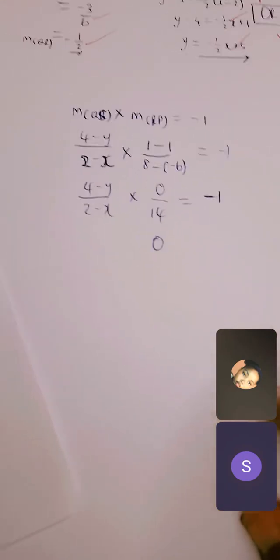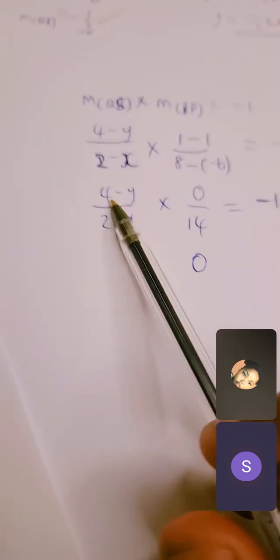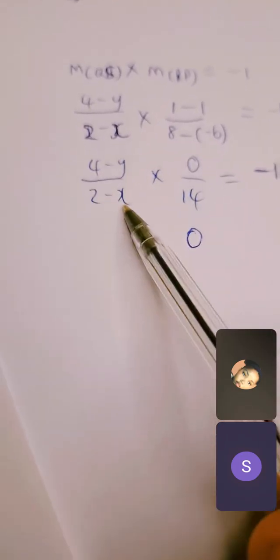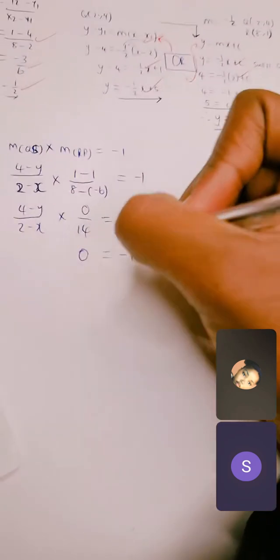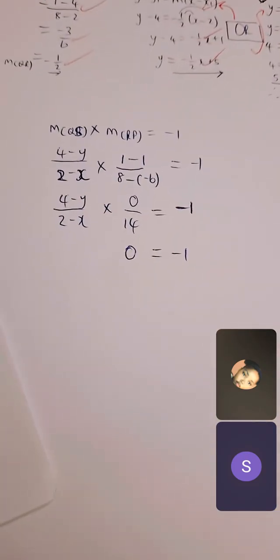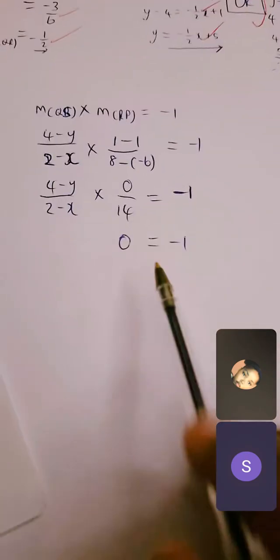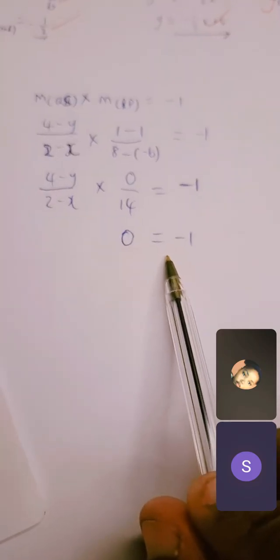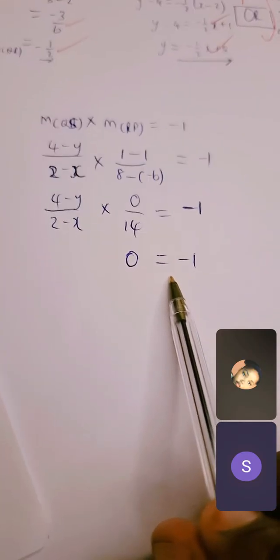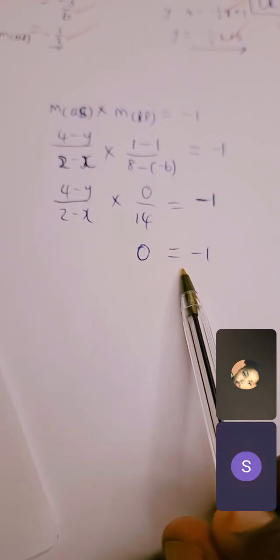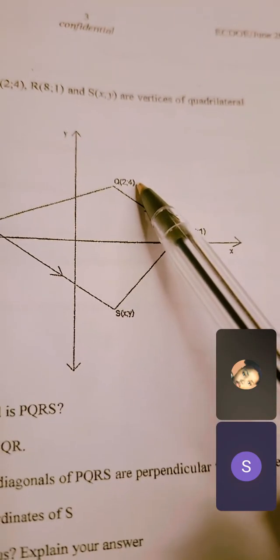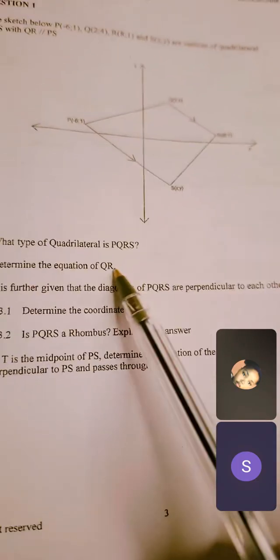Then what's 4 minus y over 2 minus x times 0? Do you see this, guys? 0 is equal to negative 1? No. Look at this, guys.